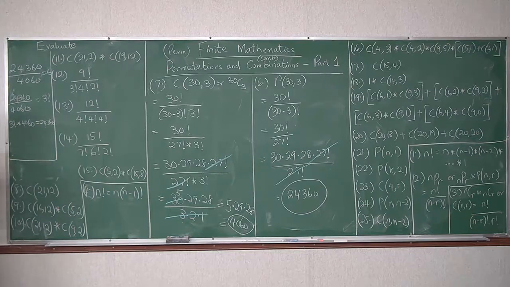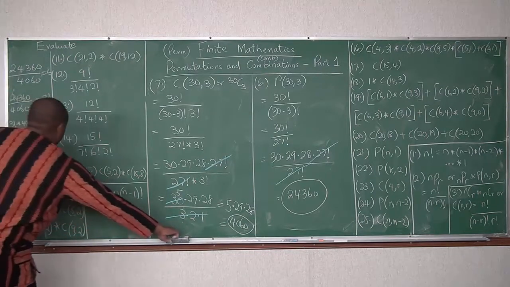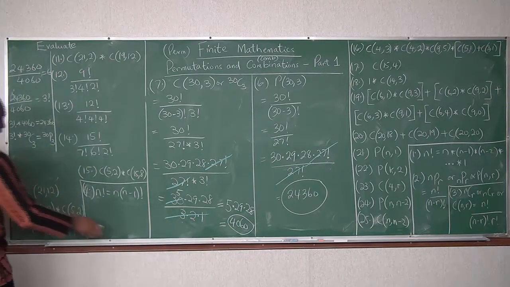So that tells you that 3 factorial times 30 combination 3 will give you 30 permutation 3. So what formula do I now want to write? Folks, look up, please.